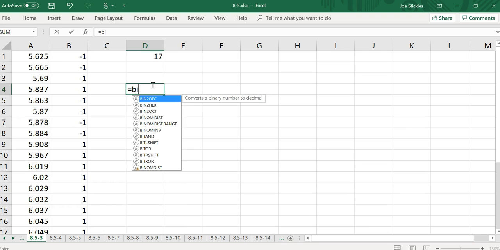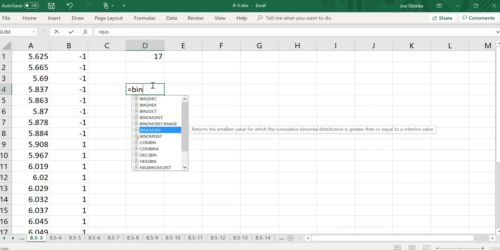All right. So to illustrate what we mean by the critical region, let's use this binomial inverse function. The binomial inverse, if I give it a specific probability, to say what do I need to get to that probability, it will spit out the number of successes that you need.